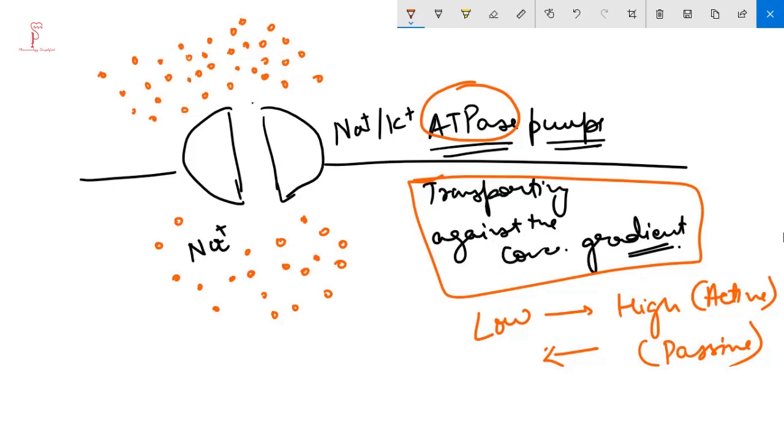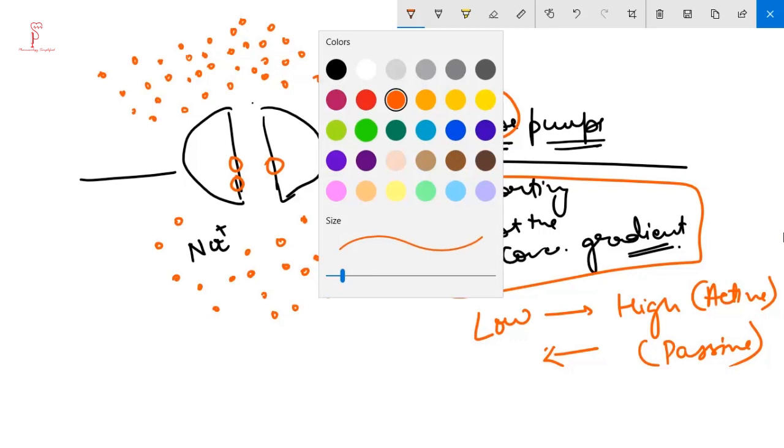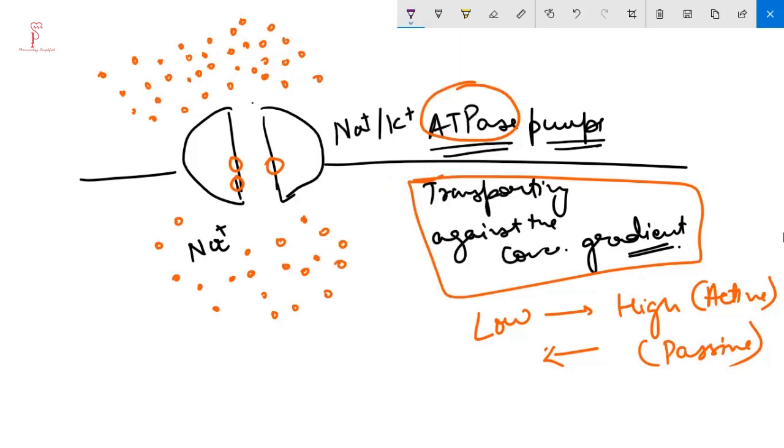So what happens? This sodium pump binds 1, 2, 3 molecules of sodium, and when it binds 3 molecules of sodium, it changes its shape, right? During this period, there is hydrolysis of the ATP molecule.